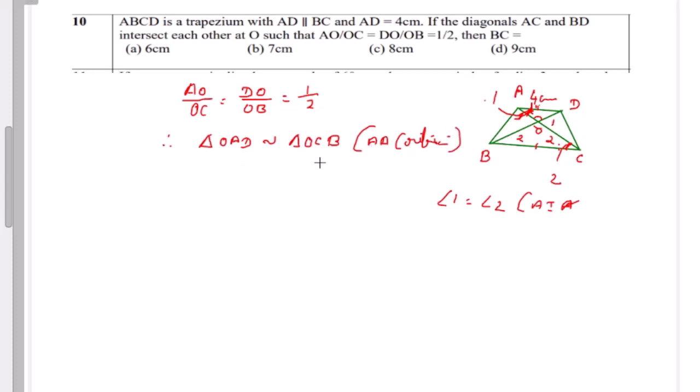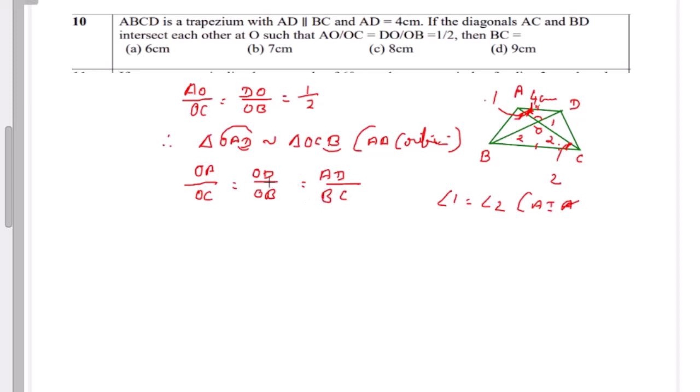If two triangles are similar triangles, the sides are in the same ratio. That means OA by OC is equal to OD by OB is equal to AD by BC, because these two triangles are similar.